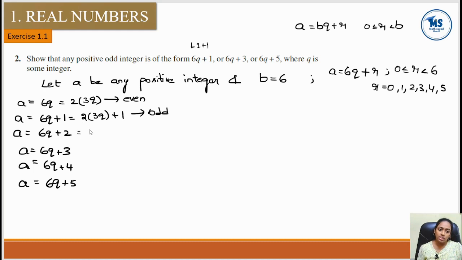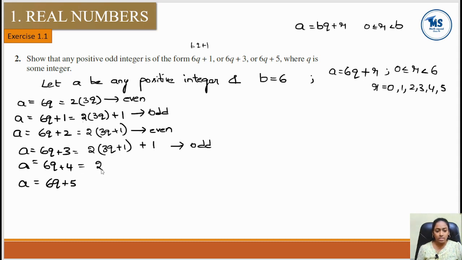Again, a is equal to 6q plus 2. This I will write as 2 into 3q plus 1. This is also 2 into something, which will always be an even number. Then 6q plus 3, I'll write it as 2 into 3q plus 1 plus 1. 2 into something plus 1 will always be an odd number.